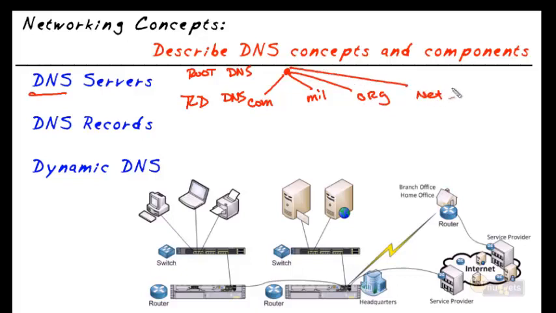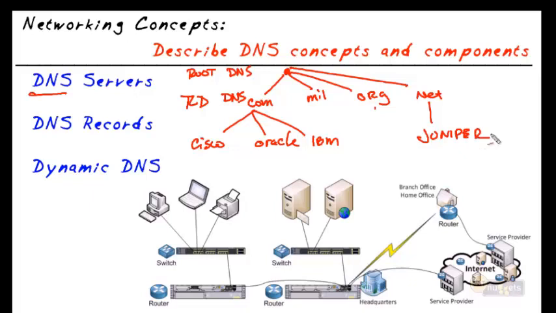So the top level domain servers, they know about the authoritative servers for various domains like Cisco, and we also have Oracle and IBM, for example. So under military, there's a whole bunch there. So under org, we might have, let's just go to net. I know Juniper is a .net. So we have the authoritative DNS servers here, and that's 3.